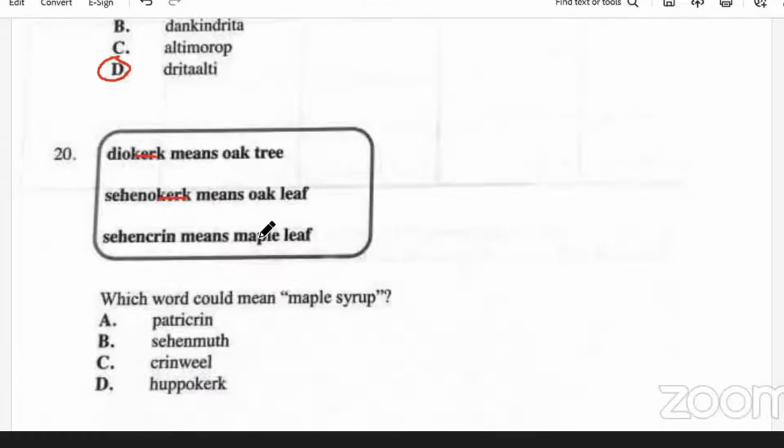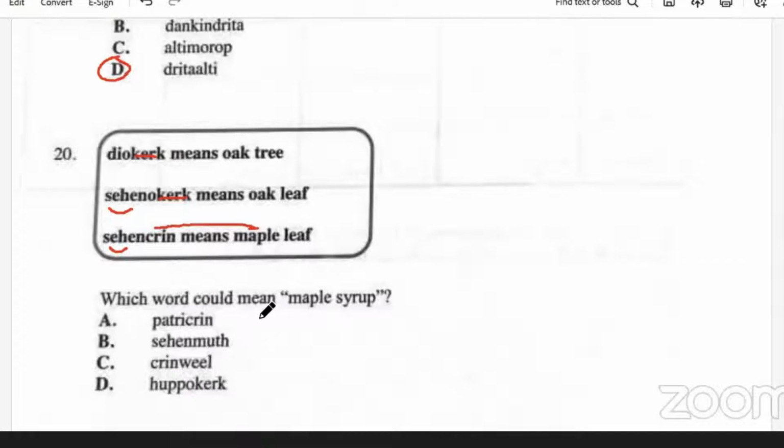All right, so for maple leaf, since leaf here is similar, we can see that the word leaf is hen, okay? But notice that it comes at the end of the English translation, but in the artificial language, it's at the beginning. Therefore, maple would be crin, but the first word was last, okay?